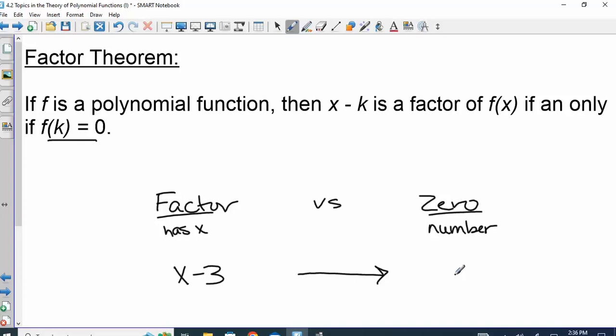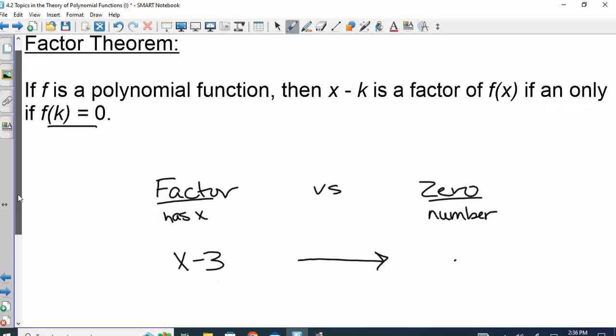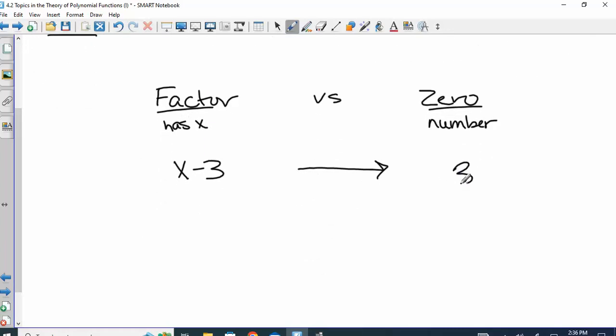Positive 3, because it's minus. If I said x plus 4, what would be the 0? -4. So if I'm talking about a factor, that's x plus something or x minus something. If I'm asking about a 0, that's just the number itself.